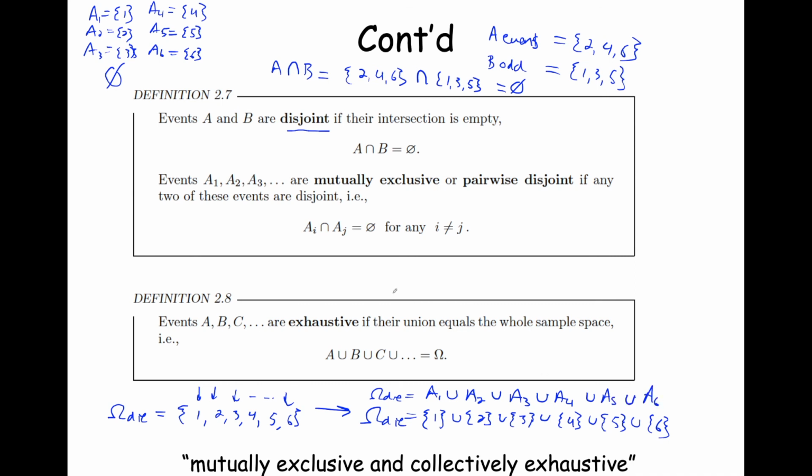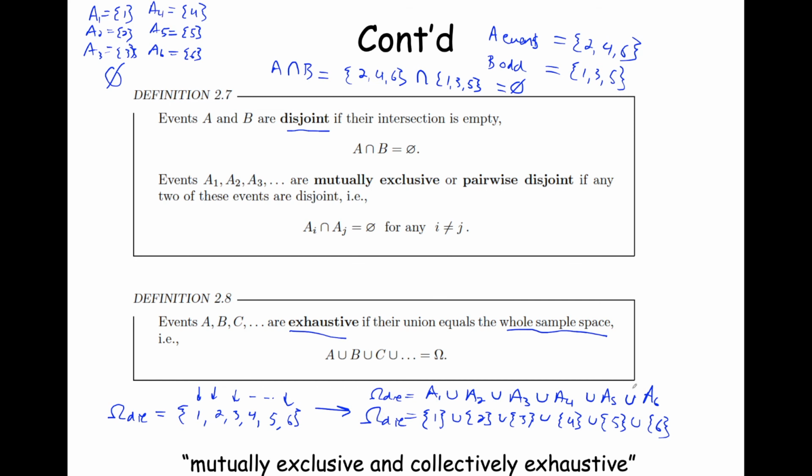So if we take the union of all of these 6 different singleton events, A1 through A6, we get the complete sample space omega die. Now that's called exhaustive. A set of events is exhaustive if the union of all of them is equal to the entire sample space, in this case, omega die.